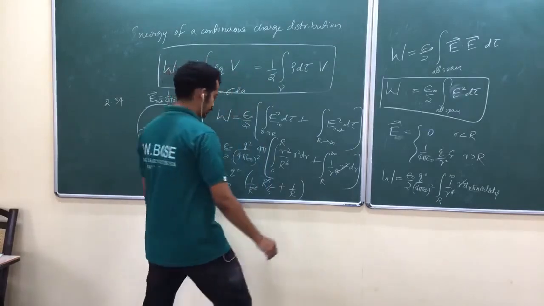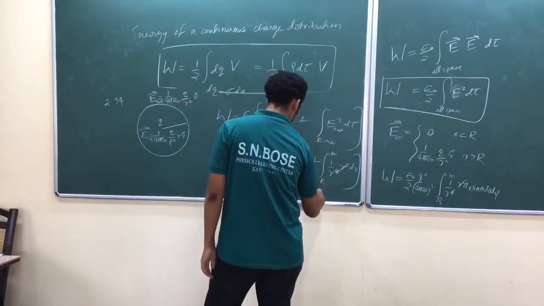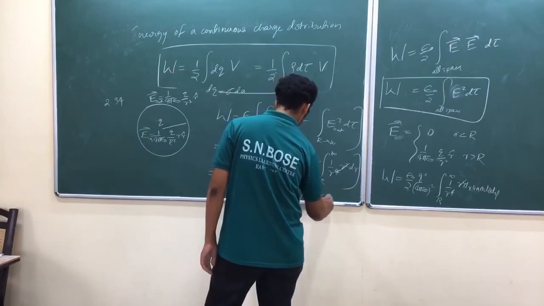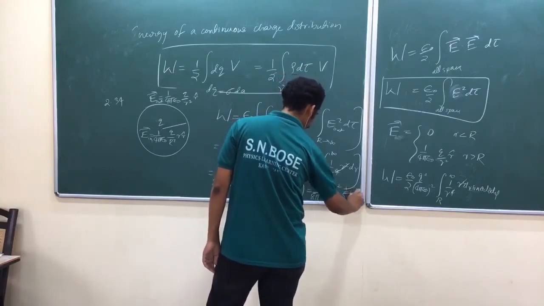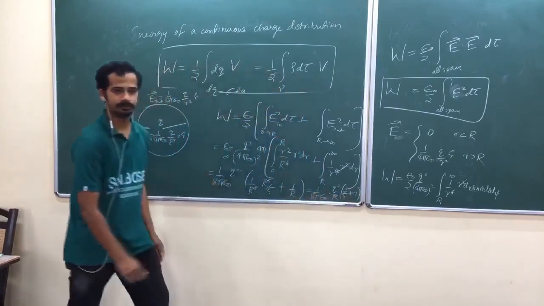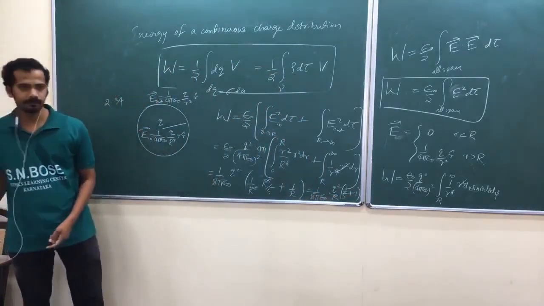Am I right? 1 by 8π epsilon naught Q square by R, 1 by 5 plus 1. Check it out. 6 by 5. Okay.